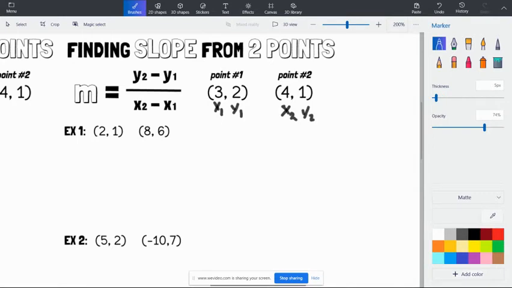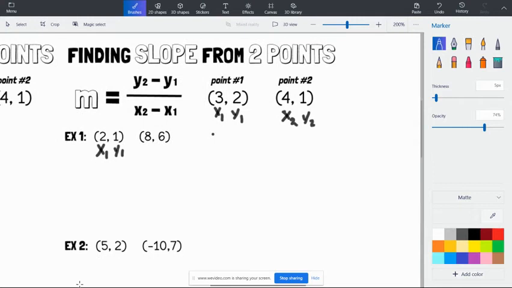Let's try example 1. All we're going to do is plug this into the formula. The first thing we can do, though, is label this because that's helpful. So x sub 1, y sub 1, x sub 2, y sub 2.